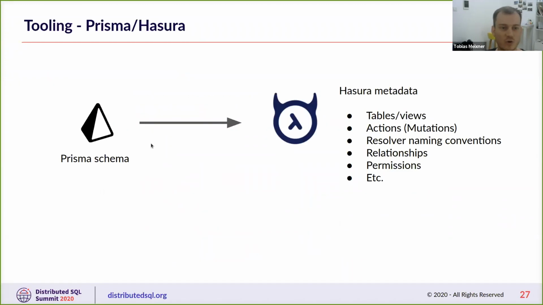And our approach on moving from Prisma to Hasura is defining the Prisma schema in a Prisma file, and then generate out of that the Hasura metadata with all the tables, actions, relationships, permissions, and anything that you need, not only for Hasura, but also, let's say, if you have an API layer.